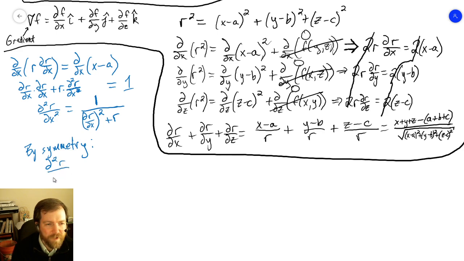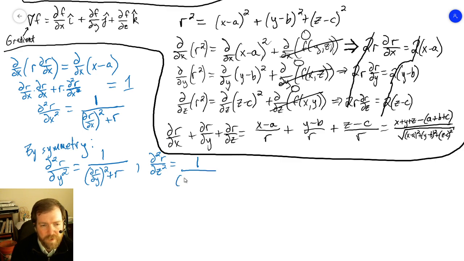The second derivative of r with respect to y twice is similarly going to be 1 over dr dy squared plus r, and second with respect to z is also going to be 1 over dr dz squared plus r.